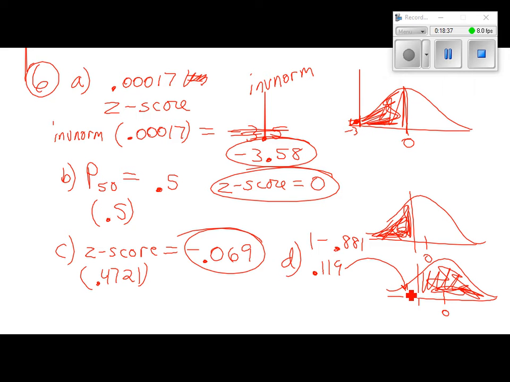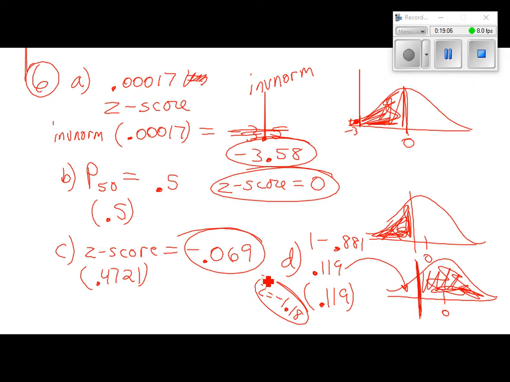Now, we really don't care about that area. What we do care about is that z-score right there, and that's going to tell us that z-score if we use inverse norm and punch that number into the calculator. What z-score does it give you? Negative 1.18. Anybody else get that? So that's letter D there.